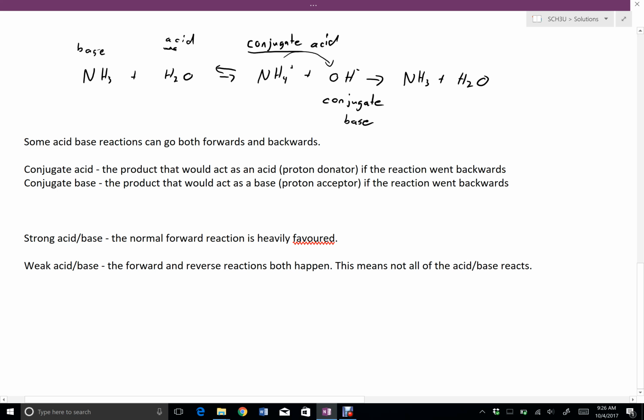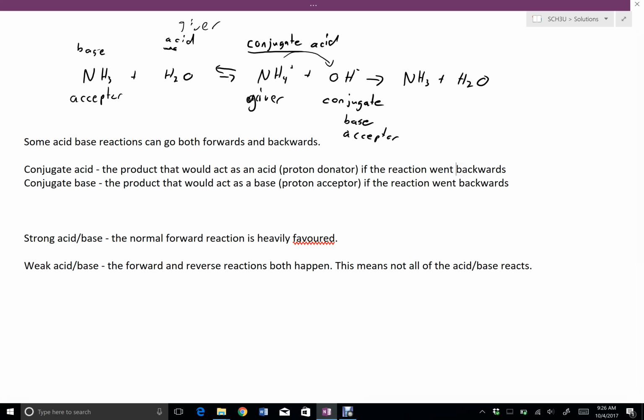So if we imagine a forward reaction, we have a base and an acid, and then if we have the reaction go backwards, instead of one guy donating his proton to the other guy, now they're reversed in roles. Whoever was the base now becomes the acid, and whoever was the acid now becomes the base. The giver becomes the acceptor, and the acceptor becomes the giver. We call it conjugate because it's referring to the reverse reaction.